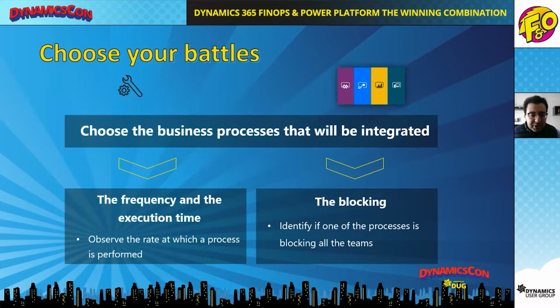The second criterion, which is blocking, is to identify if one of these processes is blocking all of your teams. Let's go back to our example.